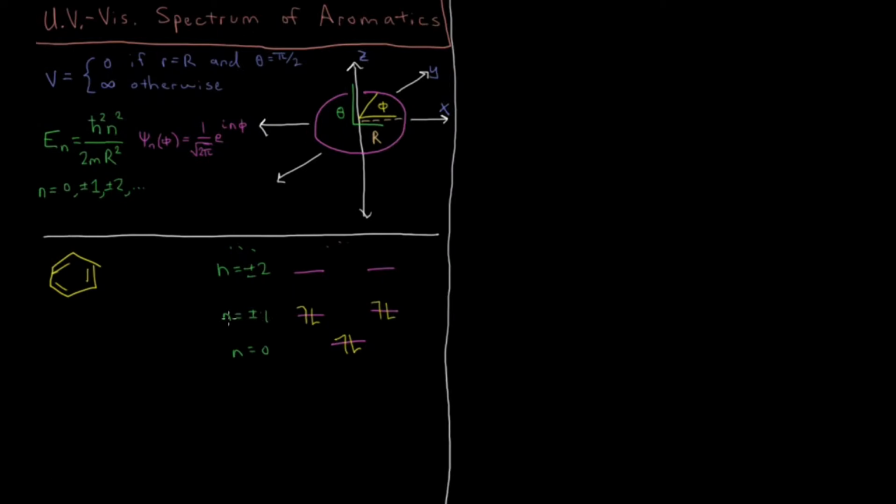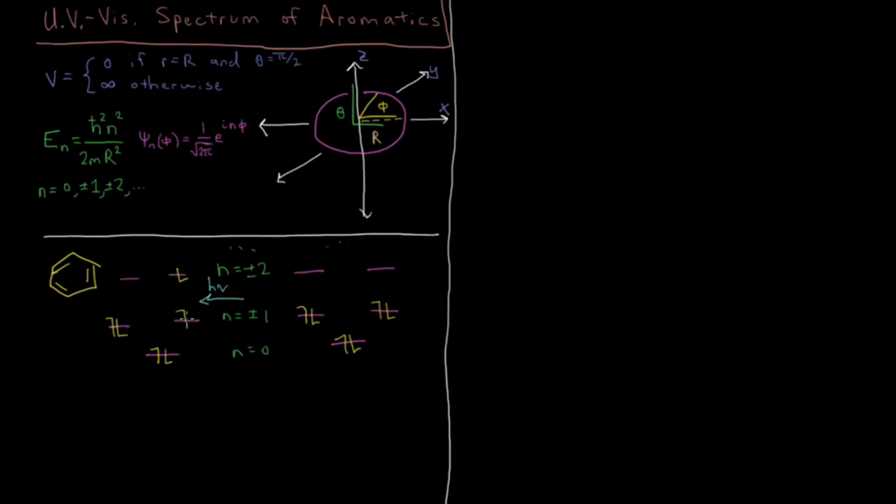So we filled up to the n equals 1 subshell, filled up the n equals 1 shell, and if we have some photon with some energy h nu coming in, then that is going to promote an electron up from our HOMO at n equals plus or minus 1 up to our LUMO at n equals plus or minus 2, giving us a final electron configuration which looks like so.